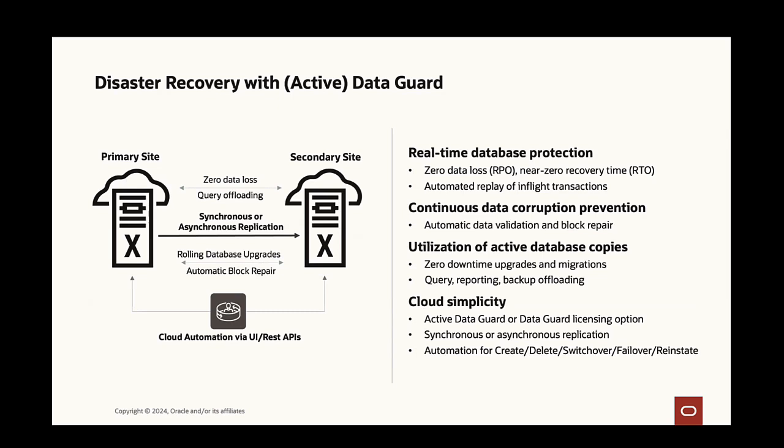And one thing to note is that the Exadata database service makes it simple to enable with a single API call or click of the mouse in the UI using cloud automation. And likewise, the automation supports critical use cases like switching your primary database to your disaster recovery or DR site, switching back, and reinstating your primary database after a failover.